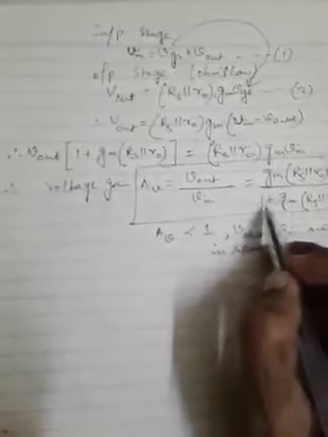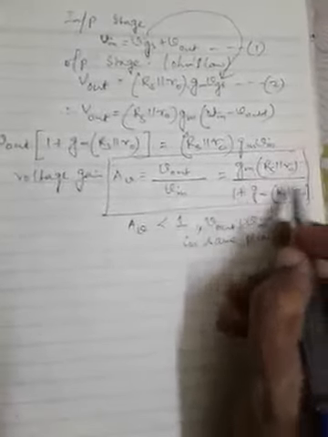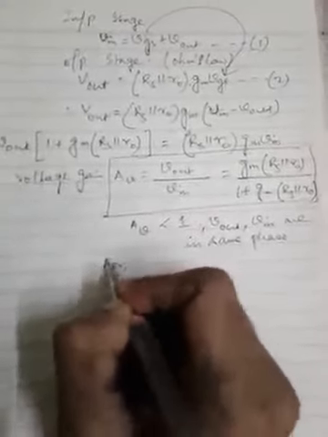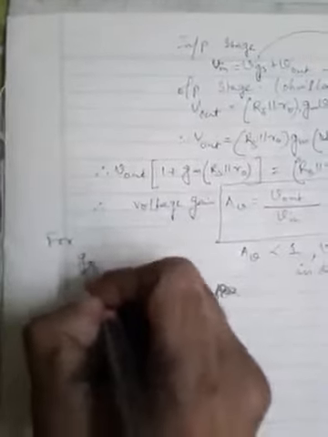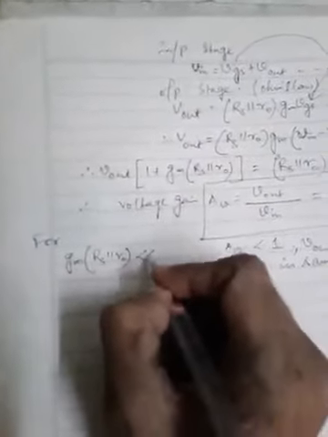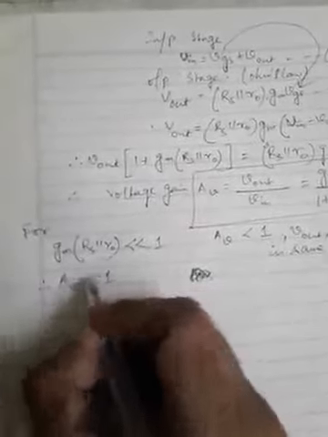Now if we consider that GM into RS parallel RO is very small with respect to 1, then approximately AV is equal to 1. So we can say that the voltage gain is unity.